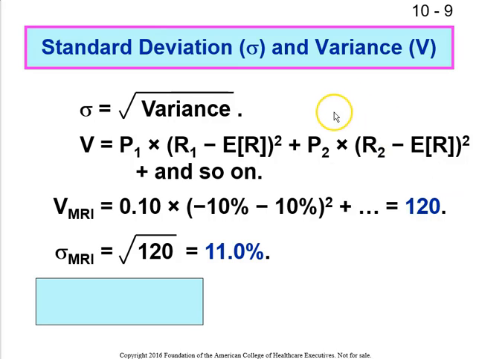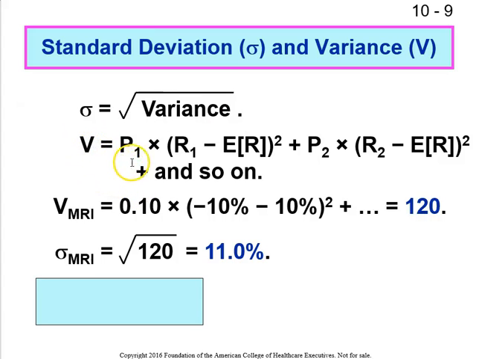But remember this step. Standard deviation is a two-step process. You've got to find this variance first. That's kind of the hard part, getting the variance. So let's go over that real quick.